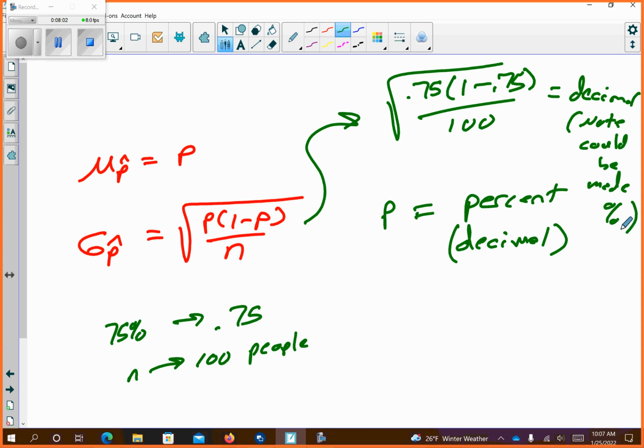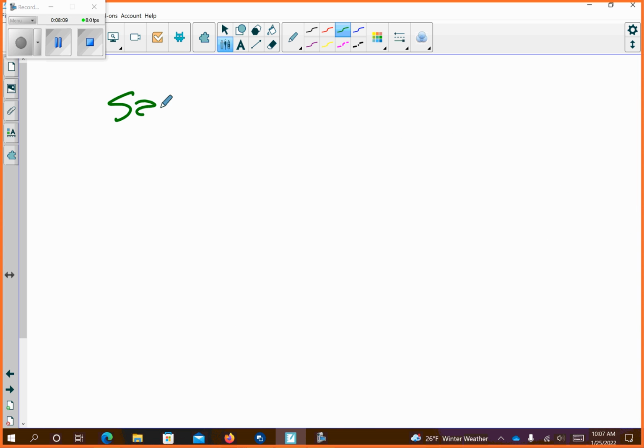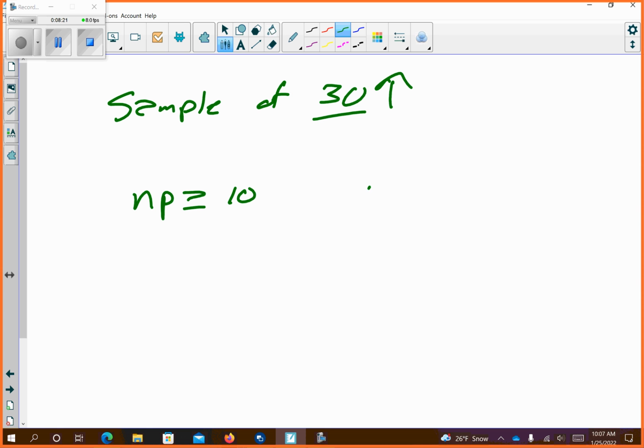So, random and independence. And then we want to know if the sample size is large enough. So normally, a sample of 30 and above is where we're trying to get to. But remember, we also have a test. If both become yeses, n is the number of items, p is the proportion, 1 minus p is the complement of that.